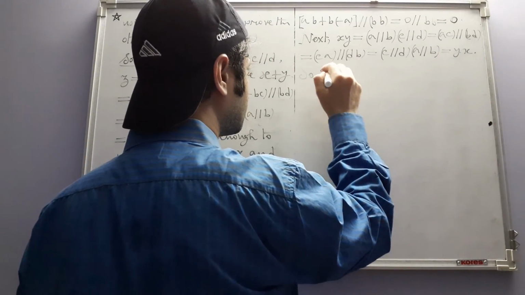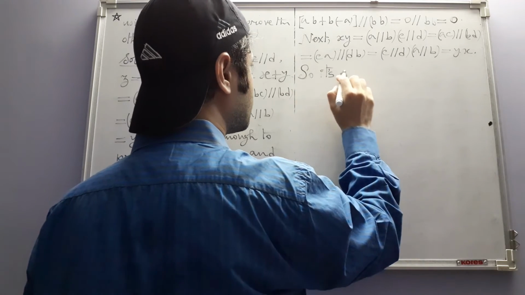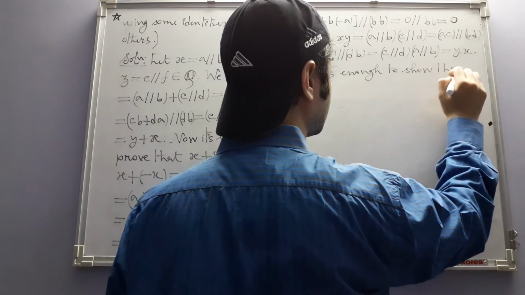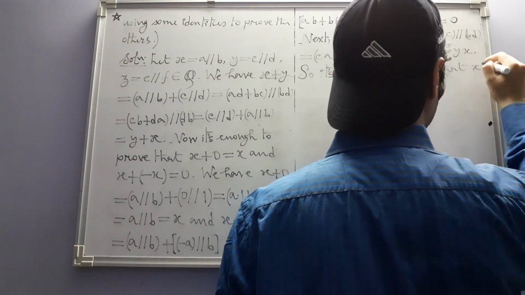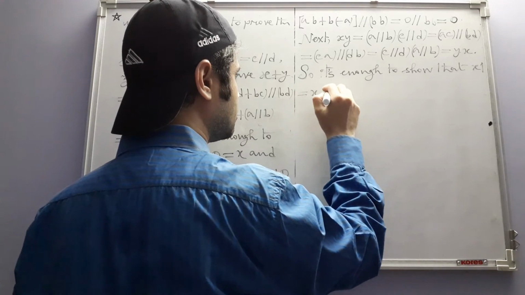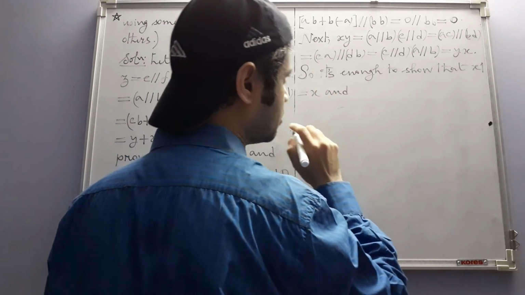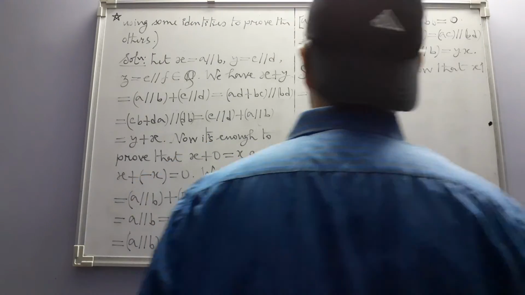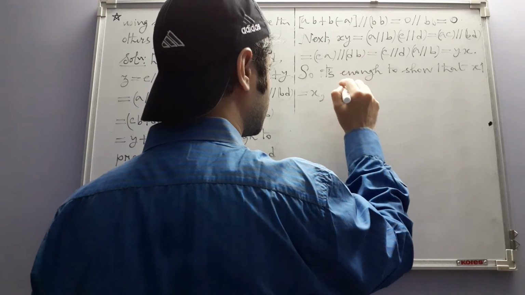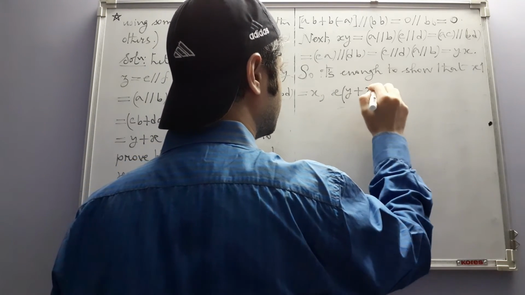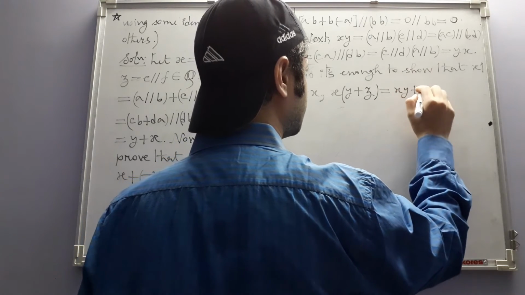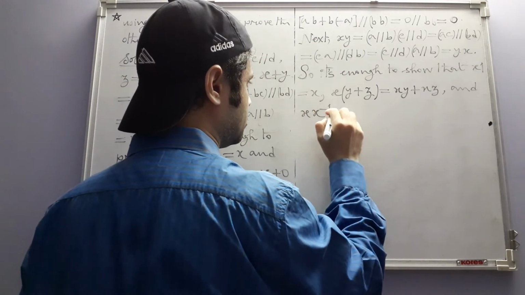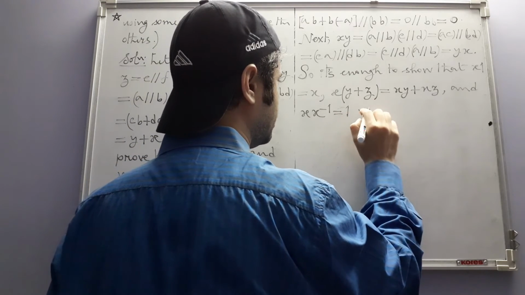So it's enough to show that x times 1 is equal to x, and not just that, the other things also can be shown. x times y plus z is equal to xy plus xz, and x times x inverse is equal to 1 when x is not equal to 0.